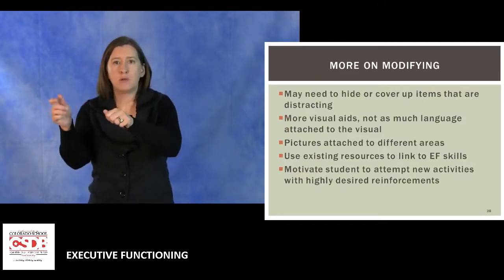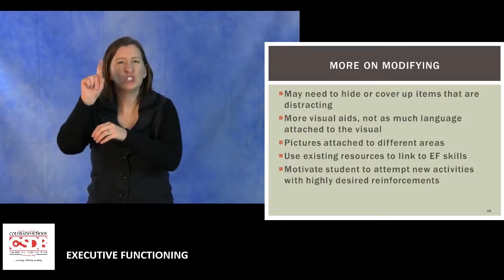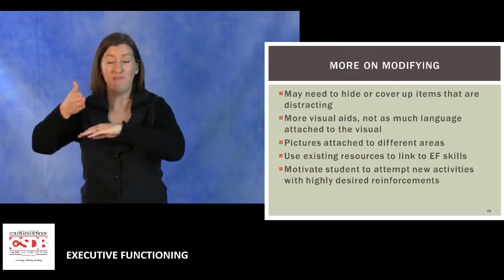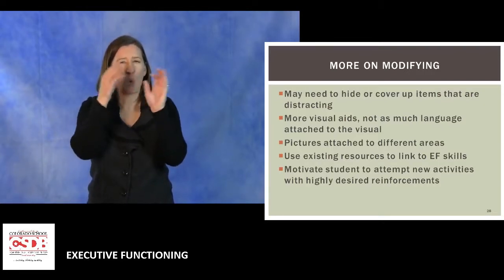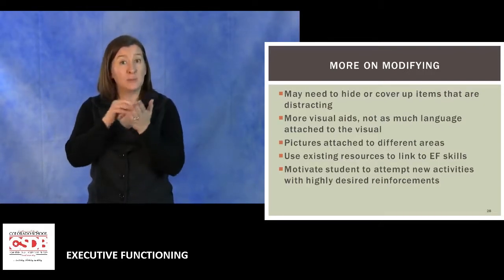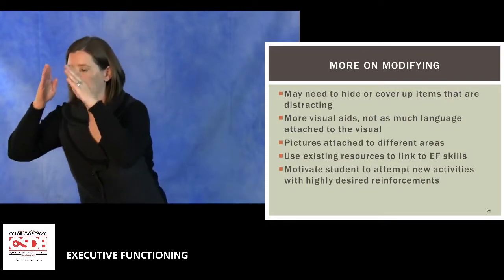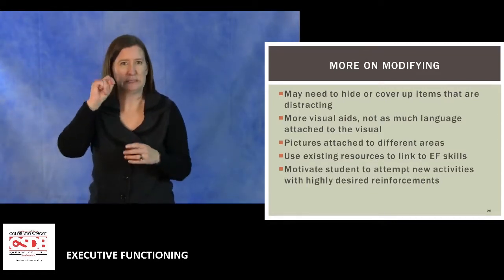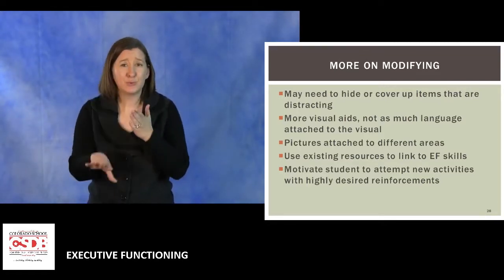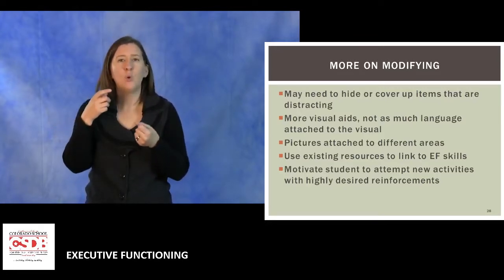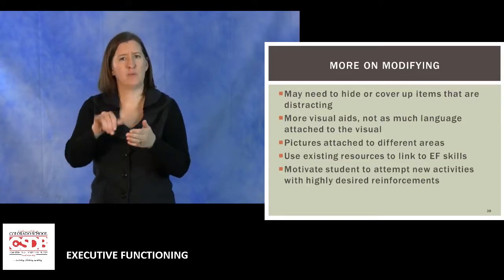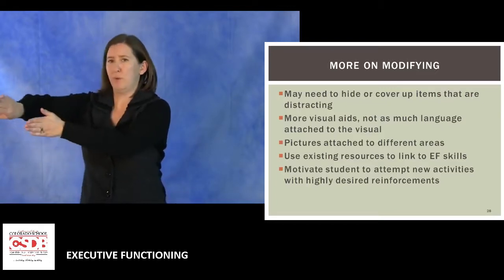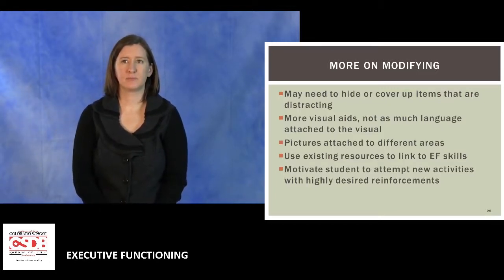You might need to hide or put a sheet over some items that are distracting. Some students become obsessed with focusing on one object, and it's hard for the student to do other things. So it makes it easy for the student if you put things away and hide them.